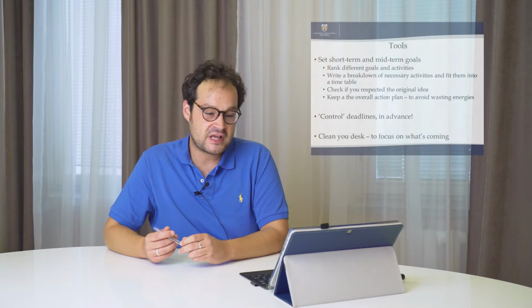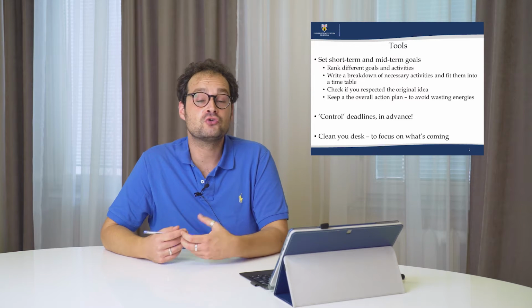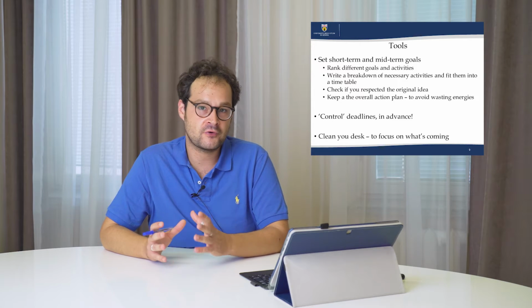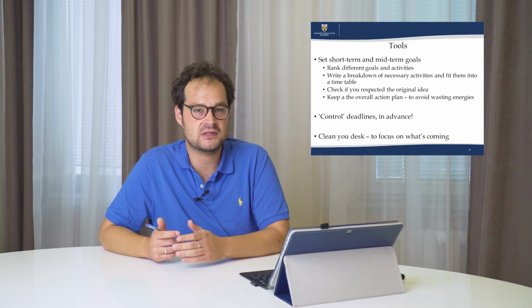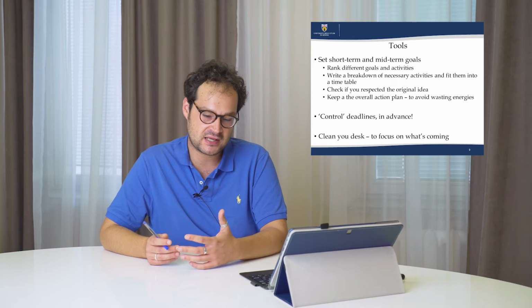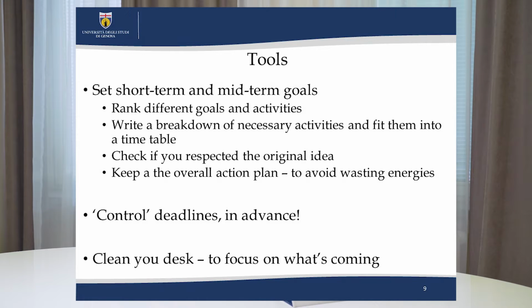The first step that you could take in order to control your activities, because controlling is the first step in time management, is trying to set a list of short-term goals that you want to reach in the day, in the week, maybe even in a month.